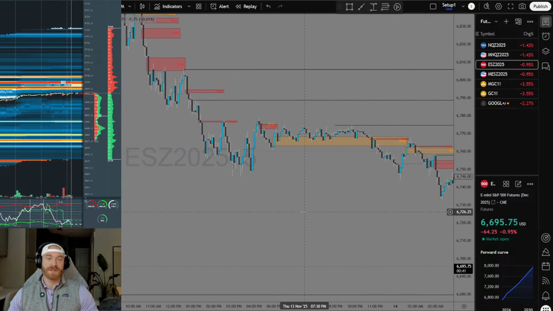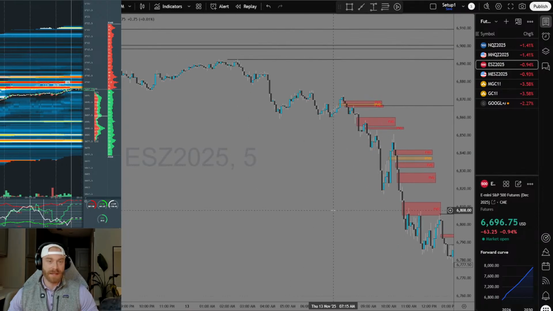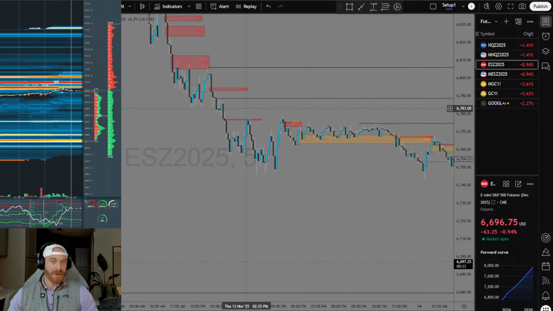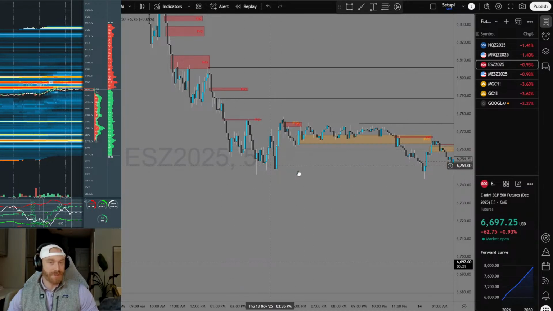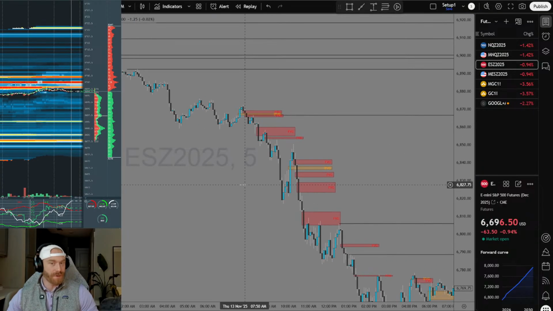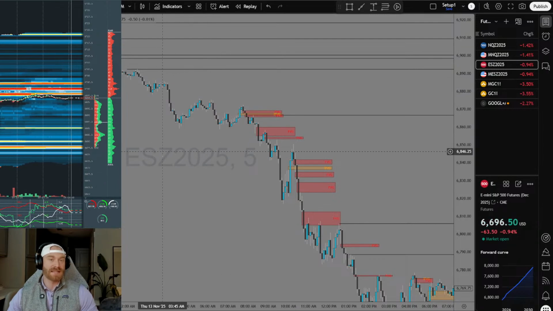What do breaker blocks do? So Tom, ideally those are a level of support or resistance. That's the thinking behind them. So if it's a long that you're taking, you're using that as a level of support. If it's a short that you're taking and the breaker's above you, ideally it's a level of resistance, meaning you would expect price to not pierce that.